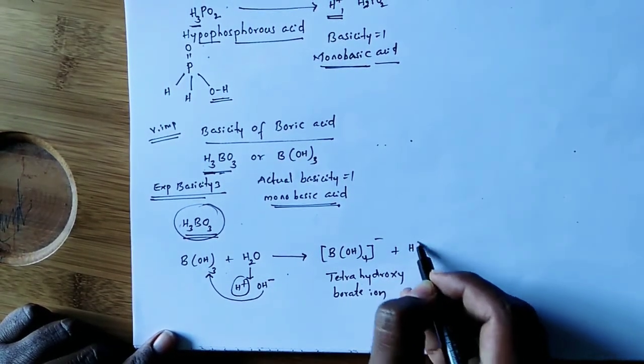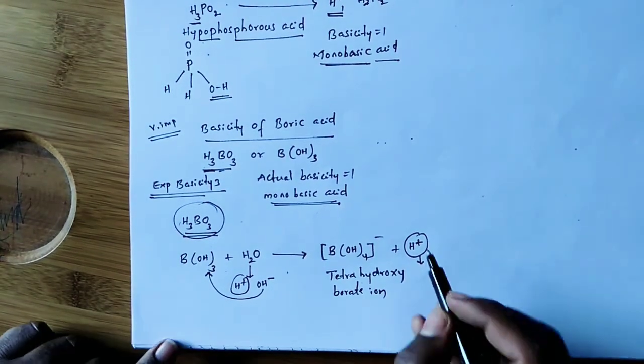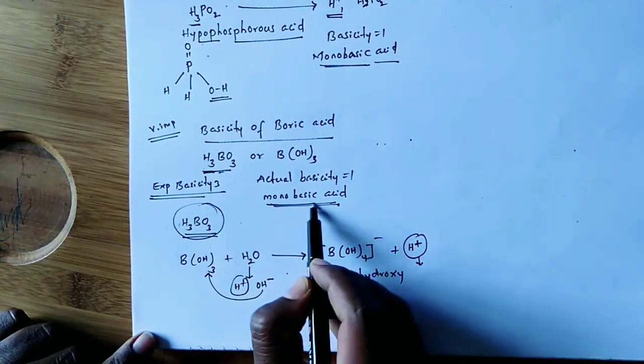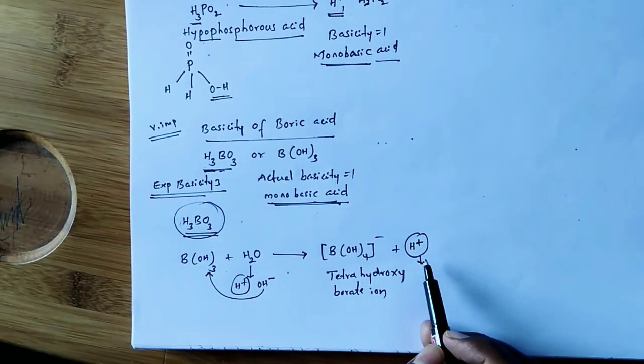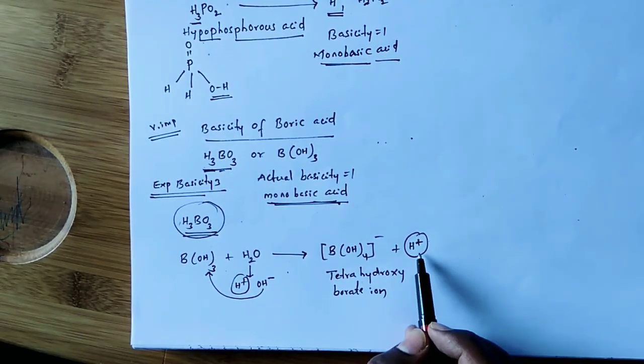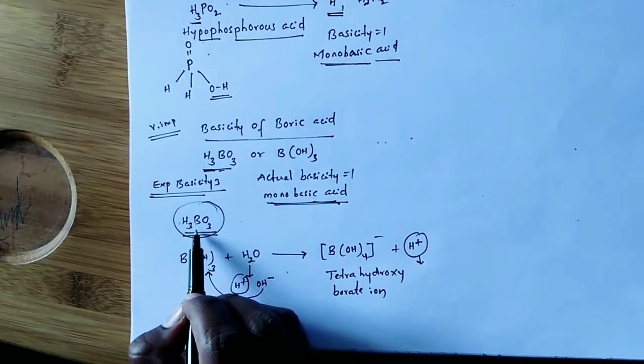So what remains? H plus. How many H plus are left over there? Only one H plus. Due to this it is acting as a monobasic acid, because one proton is left in aqueous solution. So this H plus ion is not furnished by the boric acid molecule.